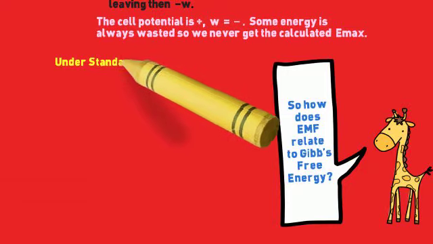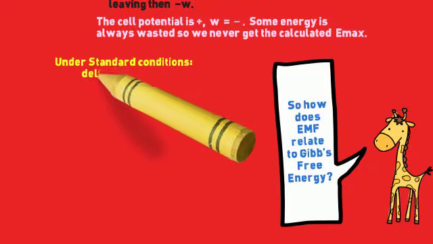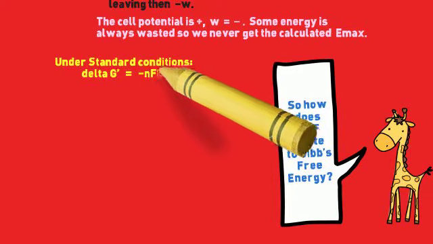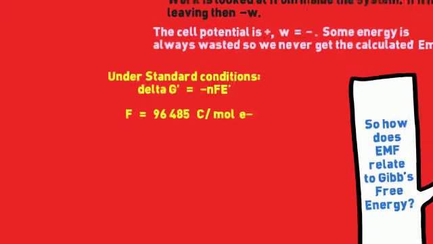So under standard conditions, we have a handy-dandy little equation. Delta G prime is equal to negative nF times the cell potential prime. That E should be rounded, but my program won't let me do that. It's kind of like an epsilon E. All right, here's Faraday's constant, 96485 coulombs per mole of electrons.